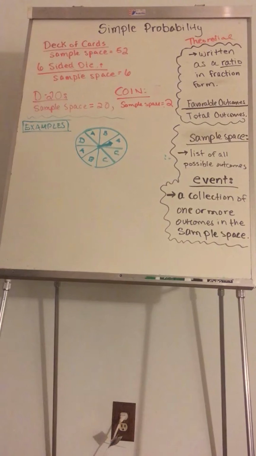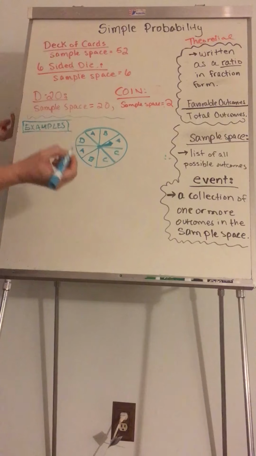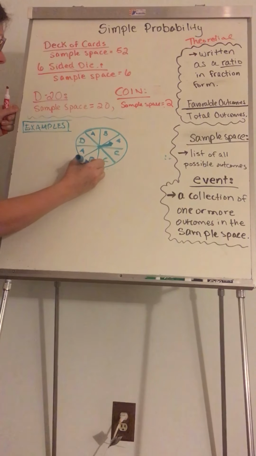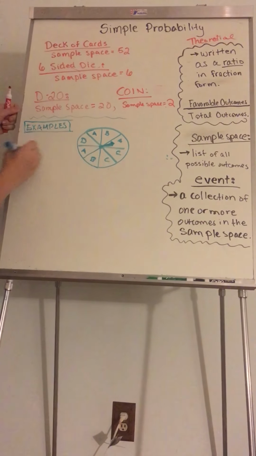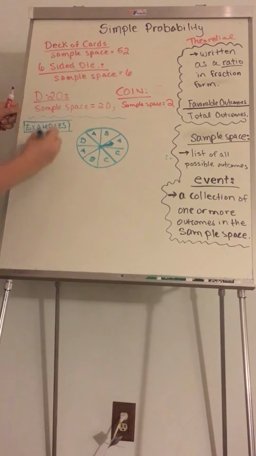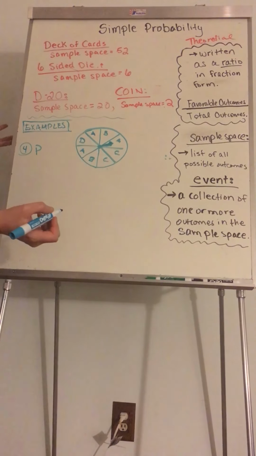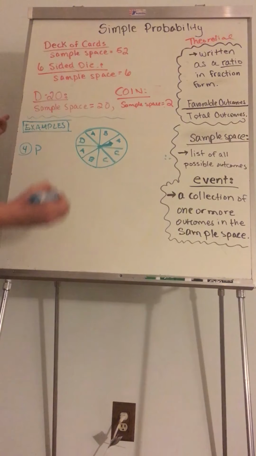Okay? And say I asked you, what is the probability of spinning an A? This is number 4.